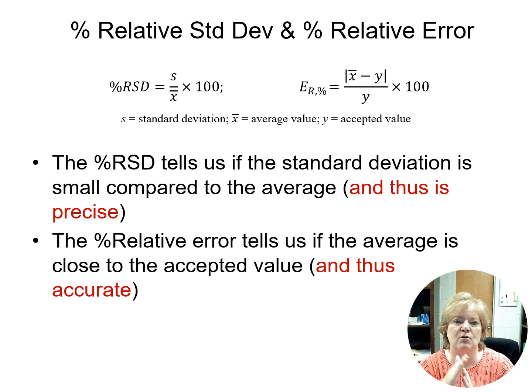So precision is how close were they to each other. That's standard deviation, relative standard deviation. Error is how close were they to the correct answer. I have to know the correct answer to do it, but if I do know it, that's going to actually give me accuracy. How accurate I am is how close I am to the actual answer.